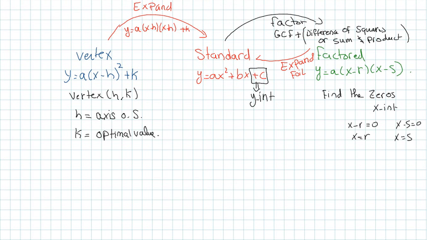So, this is the picture of the 3 different formats. Now, what if I am in factored form and I'm asked to find the vertex? I'm in factored form and I'm asked to find the vertex.